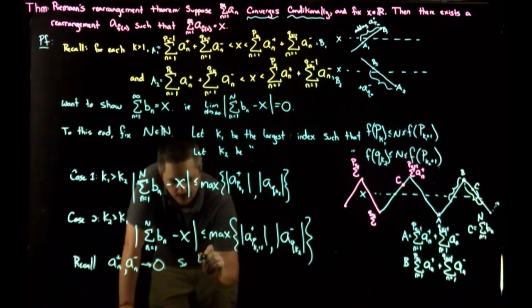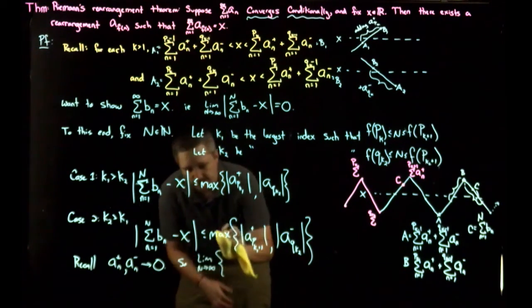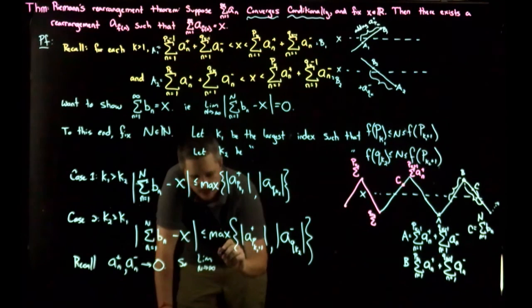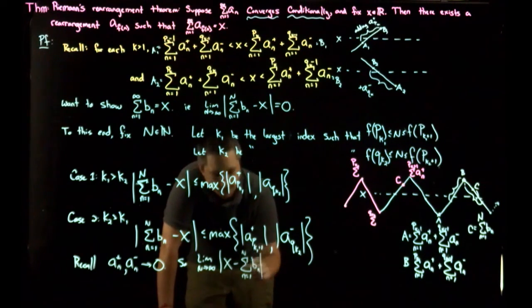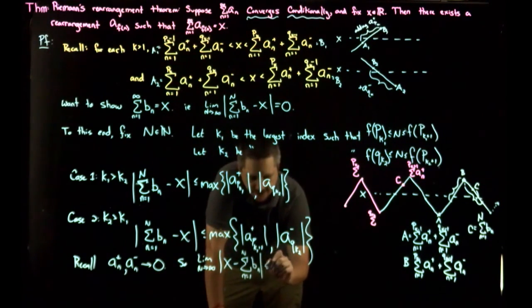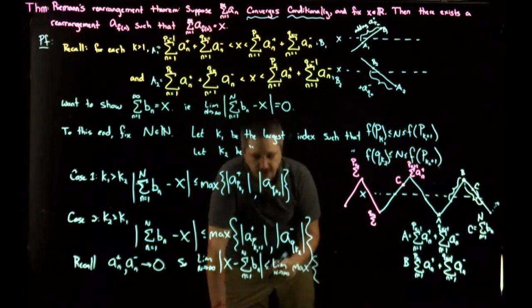So the limit as n goes to infinity, sorry, the wrong symbol, of x minus the sum, n equals 1 to capital N of Bn. This is less than or equal to the limit as n goes to infinity of the max of really all of these things.